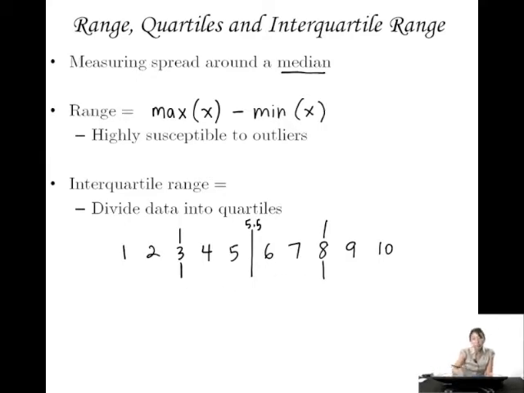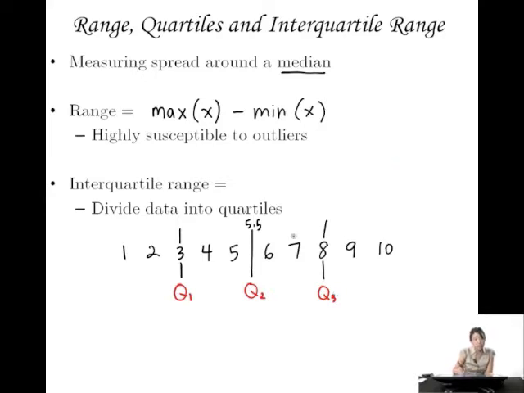And because of that, these borders actually have special little names. These borders are called Q1, Q2, and Q3, just to indicate that they are the borders of the quartiles, right?